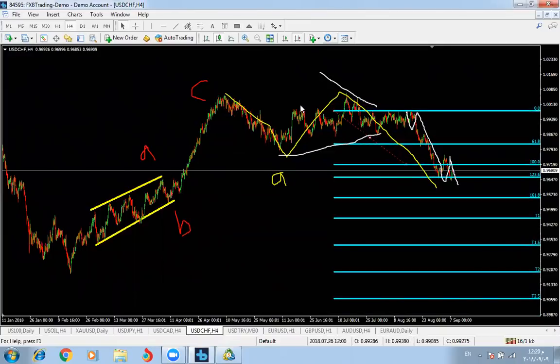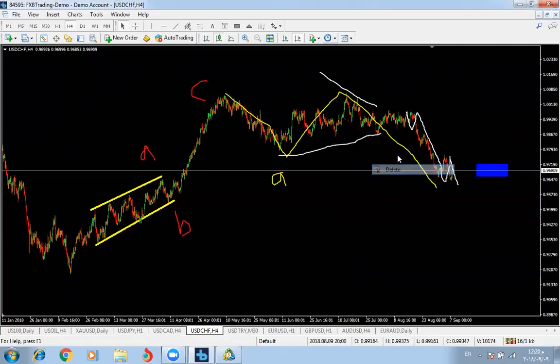Our reversal zone should be between equal legs of wave A and C, and it might extend slightly to 123.6 in relation to wave A. So wave A equal in relation to wave C.